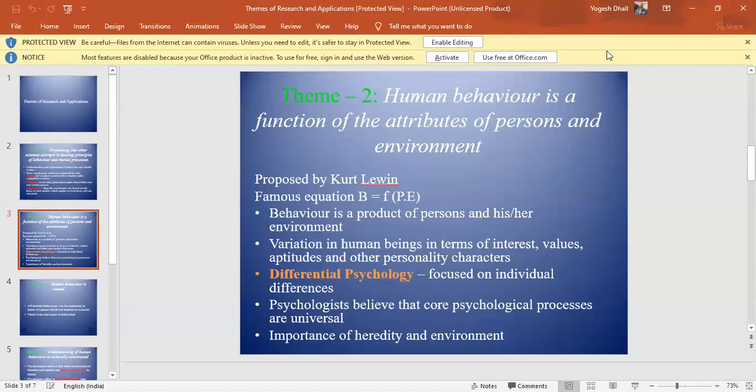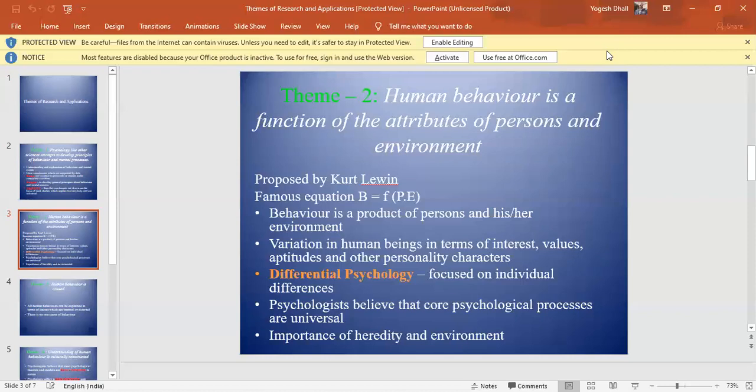Why does it happen? Because we all have different attributes. We vary in our qualities and characteristics. And second, the environment also varies where we have been brought up. So due to our varied characteristics and varied environment, we behave differently.